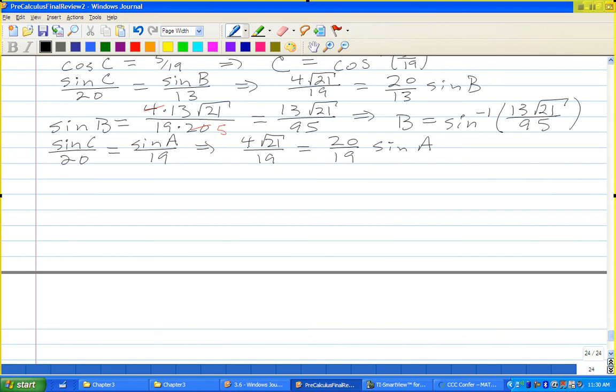The 19s cancel. So it says the sine of A is equal to radical 21 over 5, since the 20 divided by 4 is 5. And so that says that A is equal to inverse sine of rad 21 over 5.